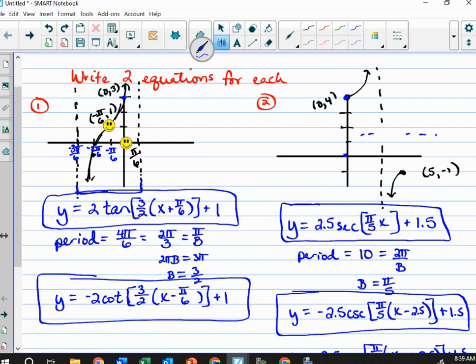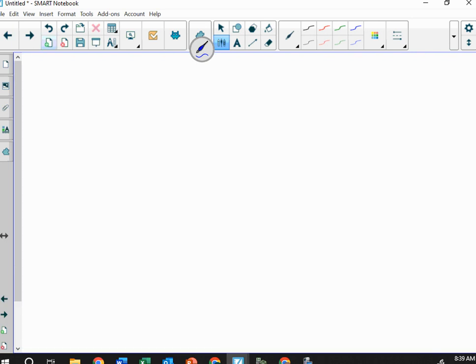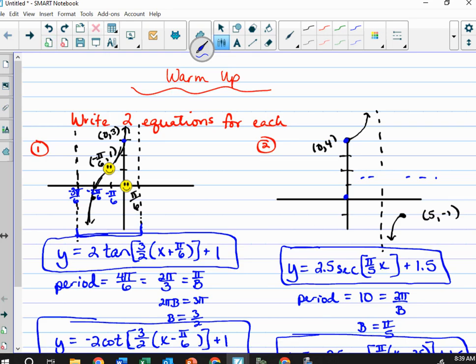Because normal sine would do, let me draw it on a different scale just so you can see it. Normal sine does this, right? So back here, if I did that, and I went to, I can only go to here.